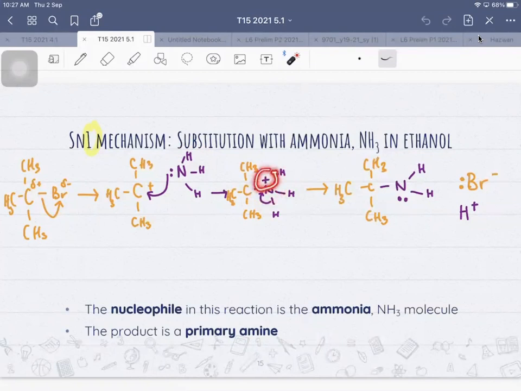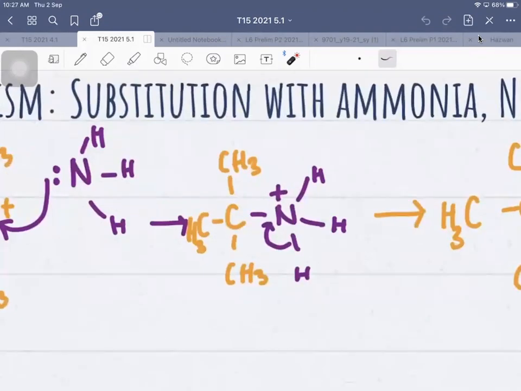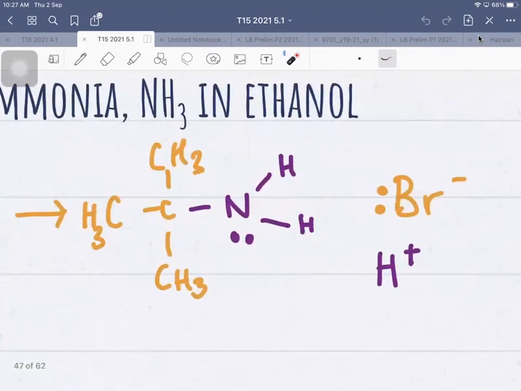In order to remove that positive charge, one of the nitrogen-hydrogen bonds must be broken, and the pair of electrons from this bond will be donated to the nitrogen, which will get back its lone pair.